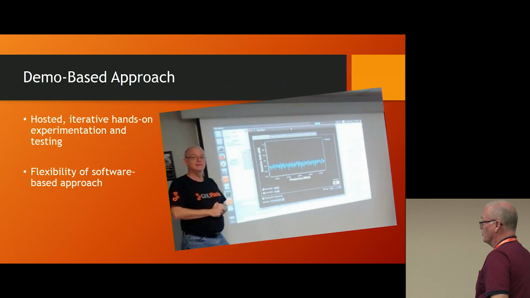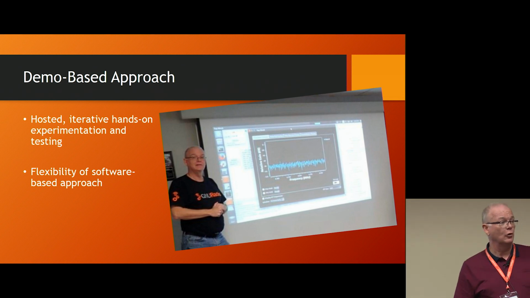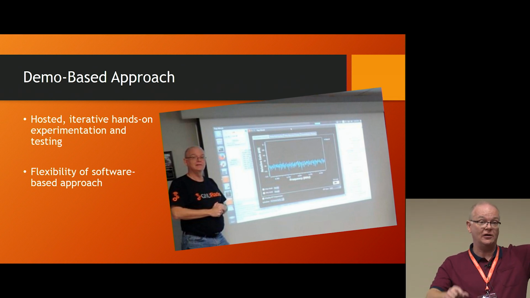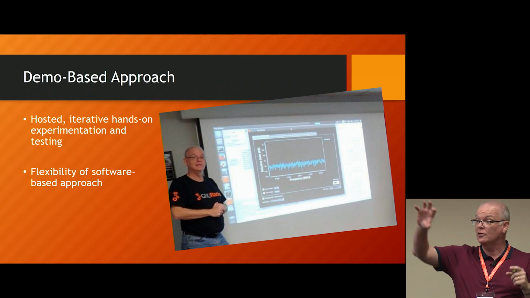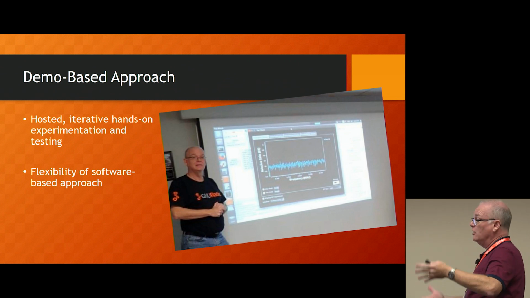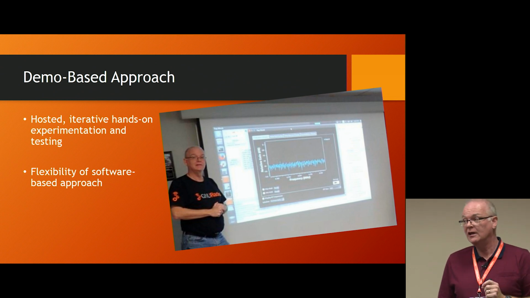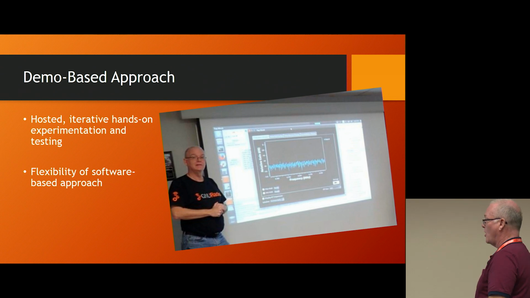So it's a demo-based approach. Here's an action shot. What we do is start with simple flow graphs, with a signal source and an audio sink, and run that, and we build from there. We talk about the flexibility of the software-based approach. I use GNU Radio Companion for this, and give them a basic introduction to the desktop and that kind of thing.